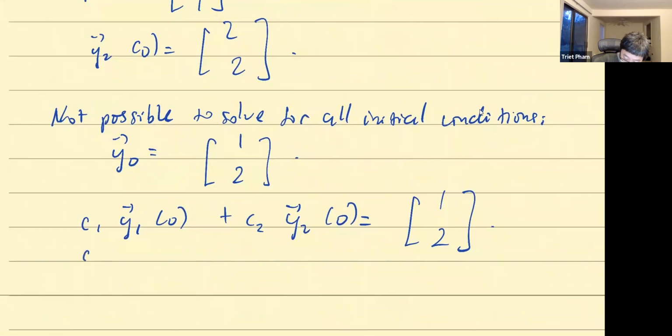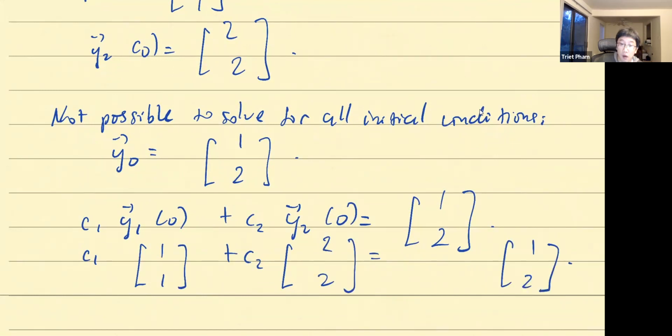But that would be C1 times (1, 1) plus C2 times (2, 2) to be (1, 2). You see clearly this is impossible, because on the left-hand side the first and second rows are equal, while on the right-hand side the first and second rows are not equal. So it's impossible.